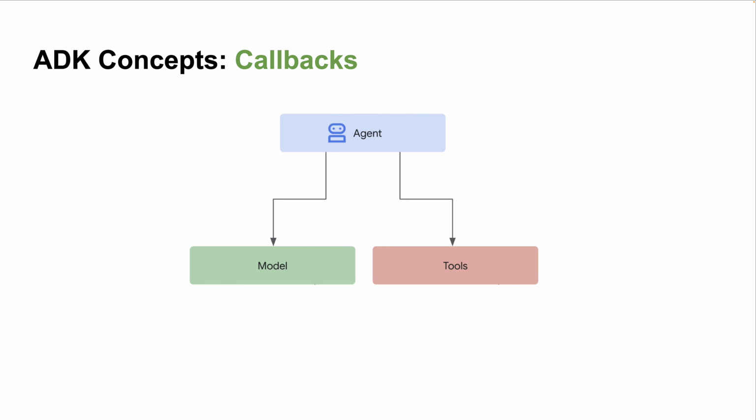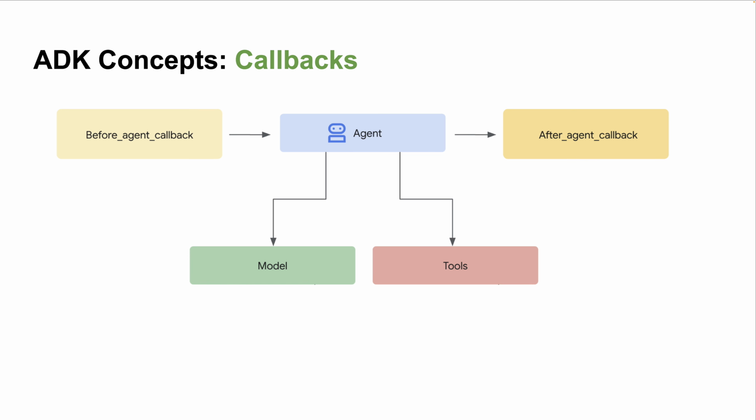Another key concept of ADK is that of callbacks. A callback is a way to inject some code execution at specific points of the execution flow. The code can be anything you want, you just need to define them, and the framework will automatically call them. You can define when the callback should be invoked by choosing one of 4 different types. A before agent callback, which will run before the agent's main processing logic runs.